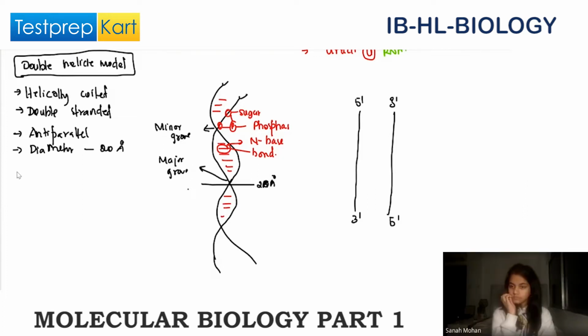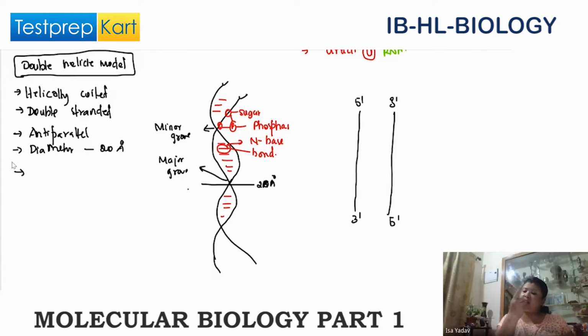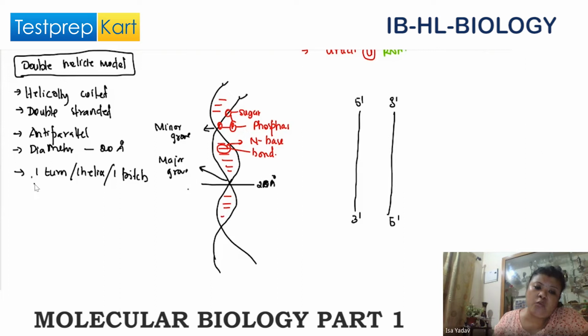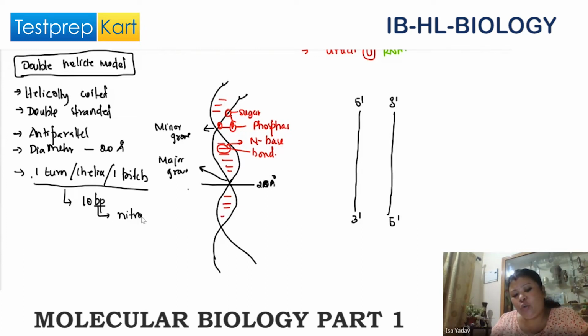Now, DNA has one helix, one turn, or we also say a single pitch. One turn, one helix, or single pitch contains 10 base pairs. Base pair means nitrogen bases.